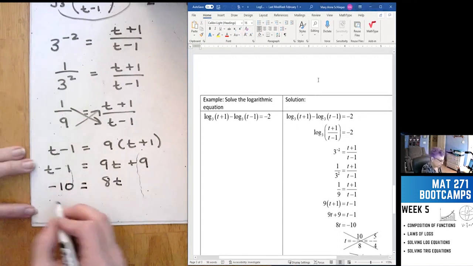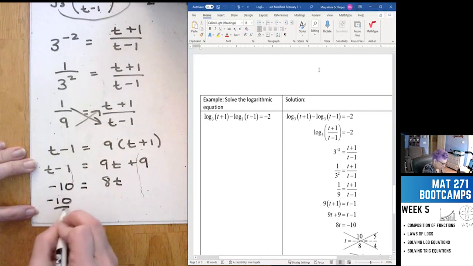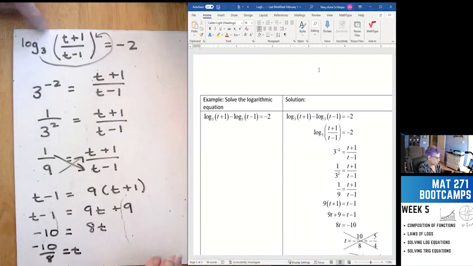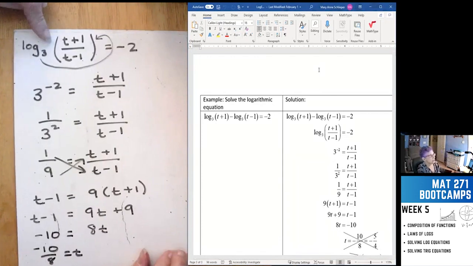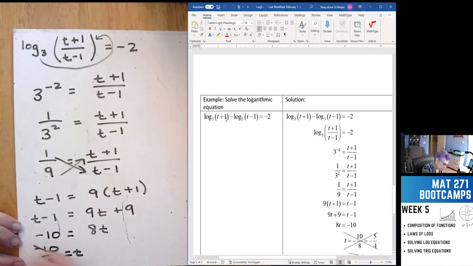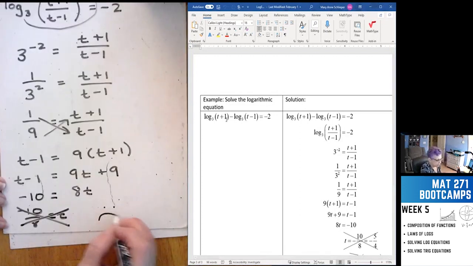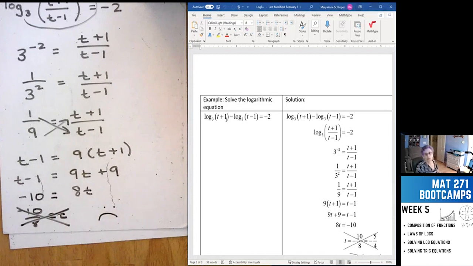So I end up with minus 10 over 8 is equal to t. If I try to plug that into my original over here, because that's where we go to plug it in, I end up with a negative thing. I got a bad answer, and it was my only potential answer. So there is no solution to that equation.